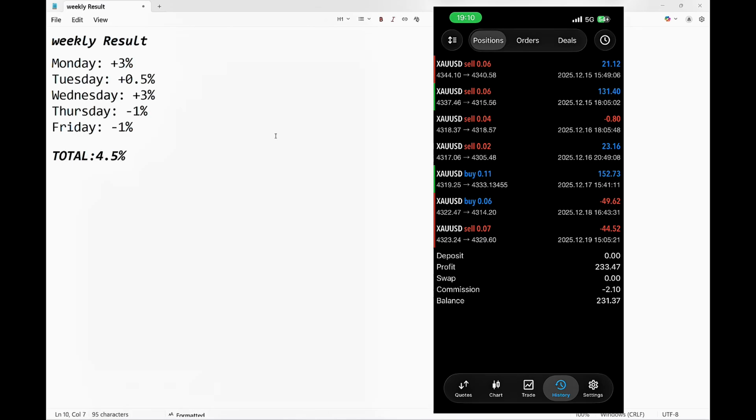So when we sum it up together, at the end of the week, we saw that we made a profit of 4.5% over the week, right? So guys, this is our weekly result. Our weekly result is 4.5% of our 5,000 PropFarm account, right? So guys, I can say this was actually a very good week.